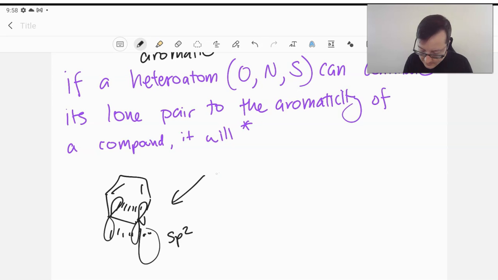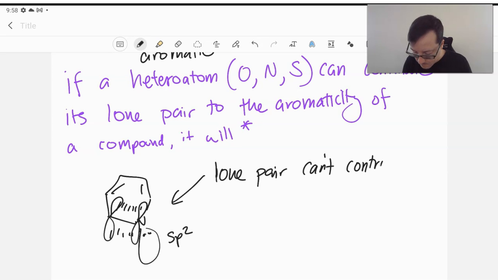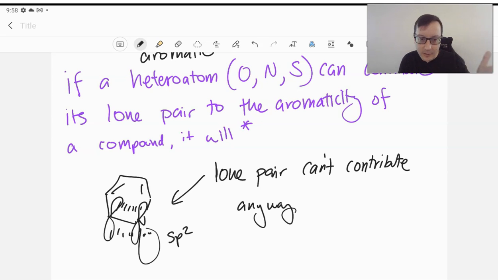So that lone pair can't contribute anyway. Even if it wanted to, it cannot. Although, it's a bad decision for it to do so anyway, it's already aromatic as it is.